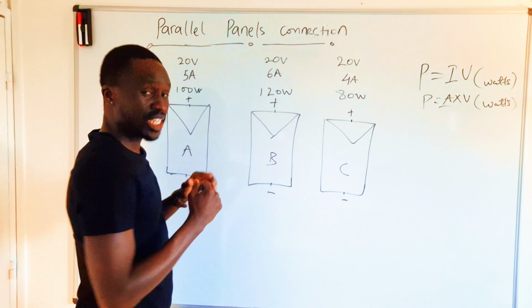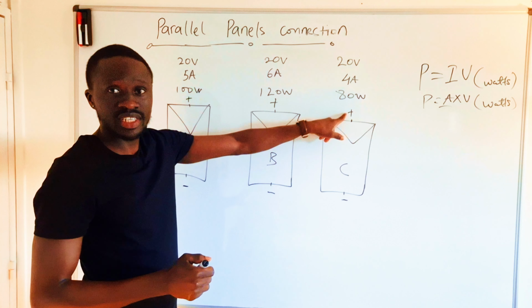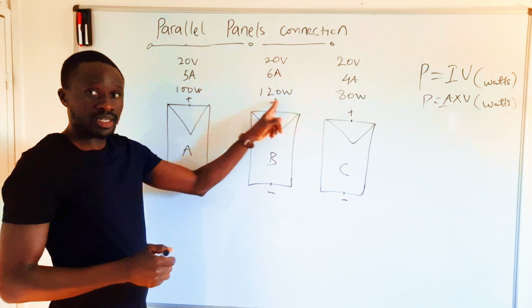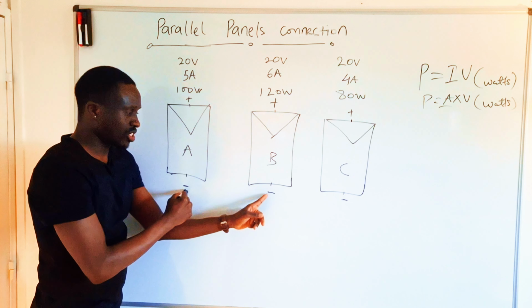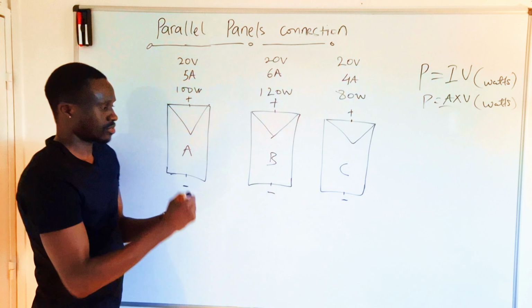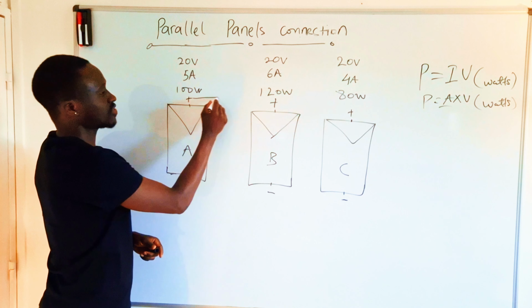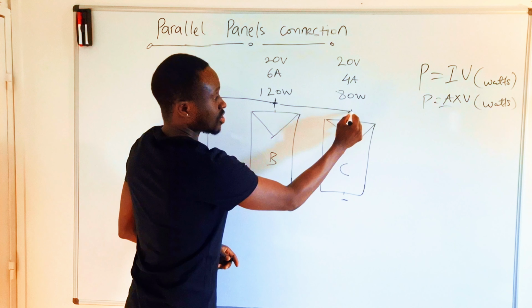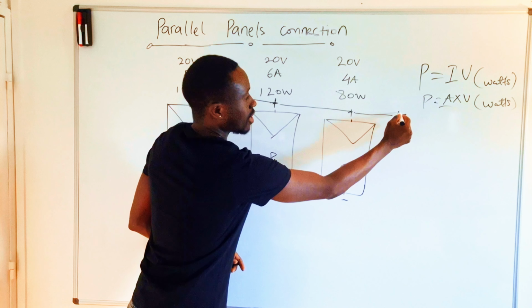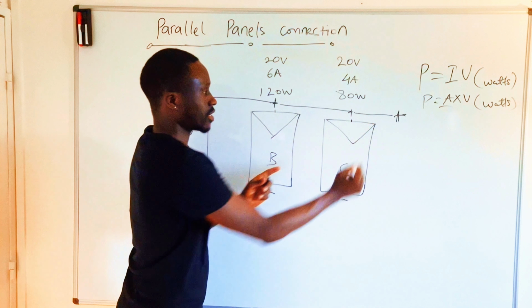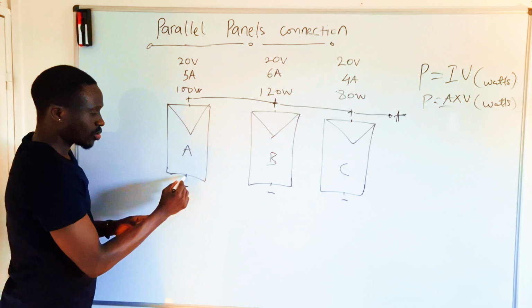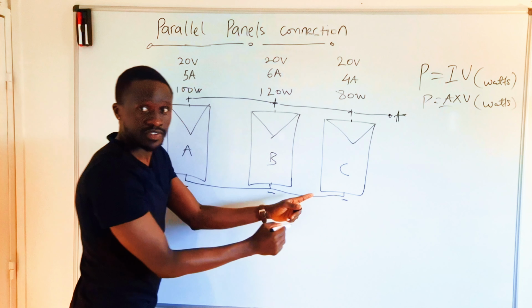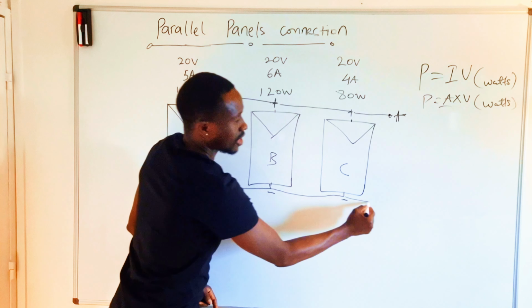When you measure after connecting in parallel, you connect this positive to this positive and this one, then you connect also this one. Let me show you. This positive, you connect it here on this positive, positive on positive. Then here we shall have our positive terminal. Then we connect also negative on negative, and here we shall have our negative terminal.